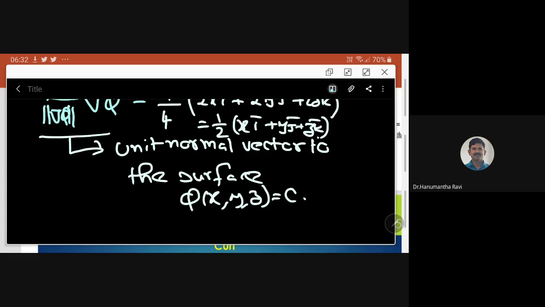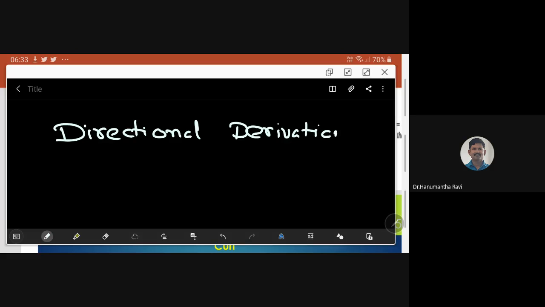For a directional derivative, first see what will be given and what you are asked to find. They will give a point, and they will also give a vector.